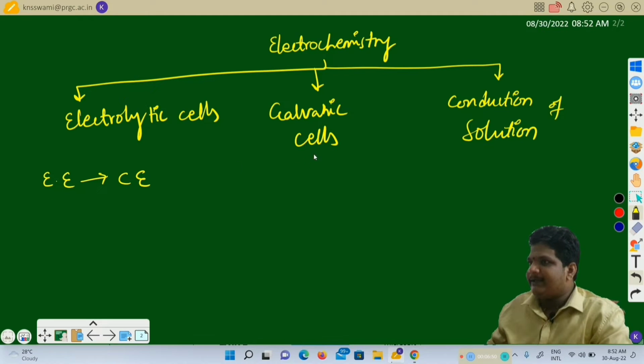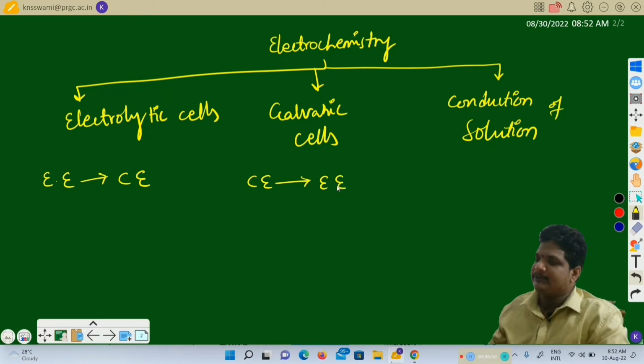In the case of galvanic cells, due to a chemical reaction, electrical energy will be produced, so chemical energy is converted into electrical energy. In conduction of solutions, electrical energy passes through the ions, due to flow of ions.